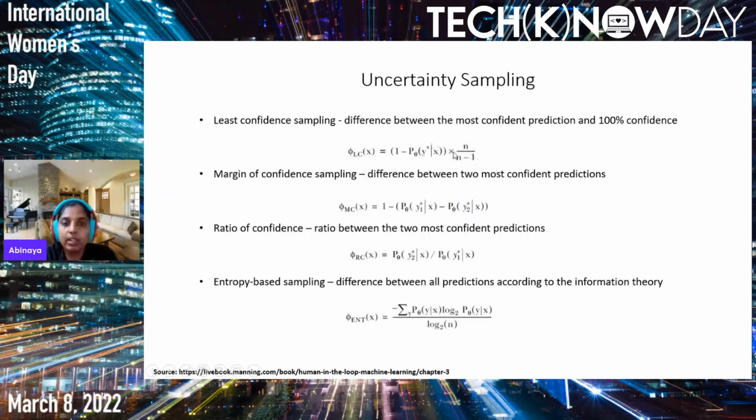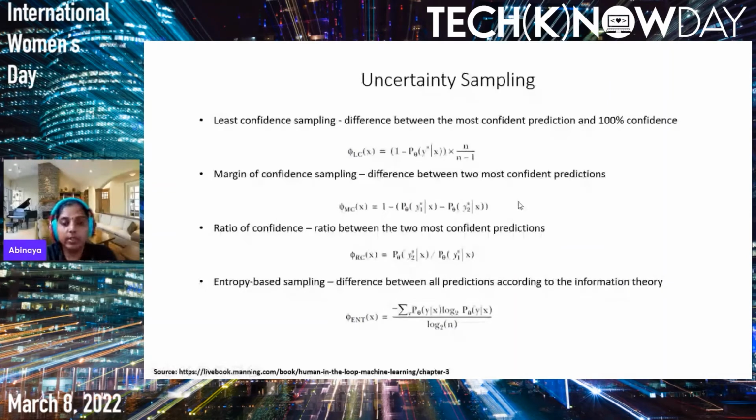You will get the value of uncertainty. If this value is close to 1, then you need to sample those data points. If this value is closer to 0, then you may not need to sample those points. So that is what least confidence sampling does. In margin of confidence sampling, you take the two most confident predictions.